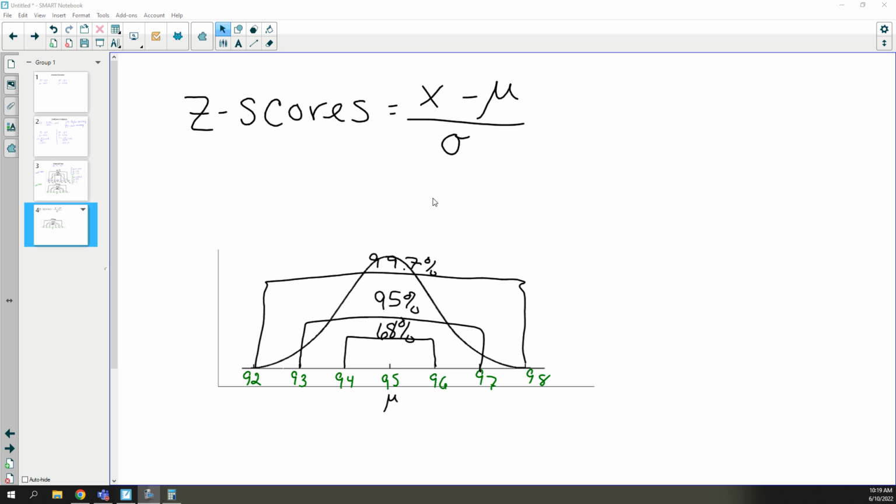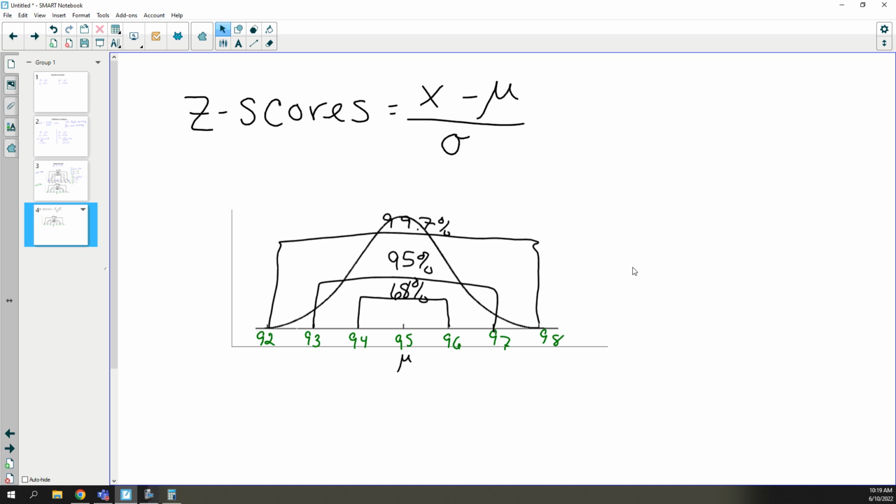Okay, so now that we've got this image over, let's talk about what's going on here and how z-scores tie into all of this. So when we talked about your values being -1 standard deviation away, -2, -3, those would correspond to z-scores with 0 in the center, -1 is 1 below, -2 is 2 below, -3 is 3 below.